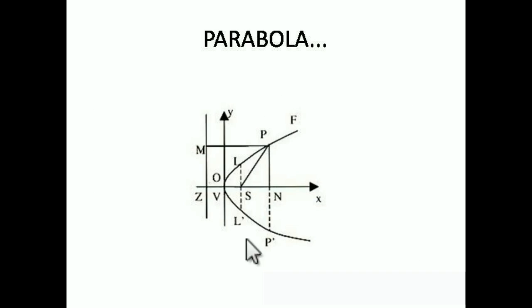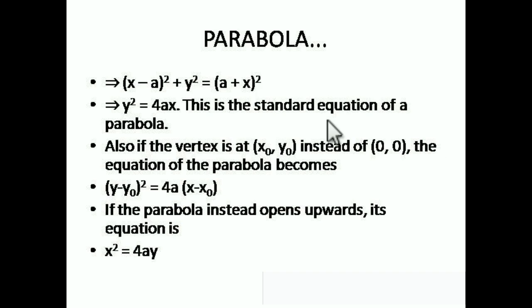The equation of the directrix is x equals minus a for this particular type of parabola, so the point on the directrix is (minus a, y), and y minus y is 0. So we are left with (a plus x) whole square, and if you simplify this, you have y square equals 4ax.